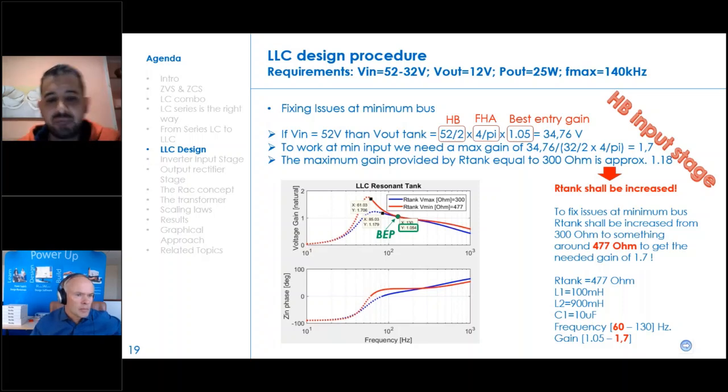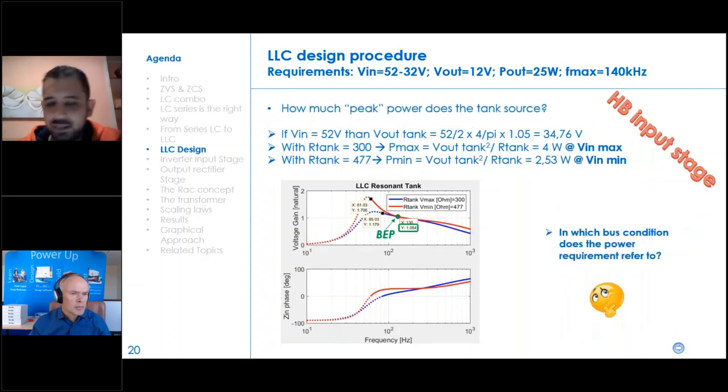Again, for the sake of clarification, all main info is reported on the right. So we have adapted the bus swing. We took the random tank, and we selected the minimum resistor, which mimics the maximum load condition.